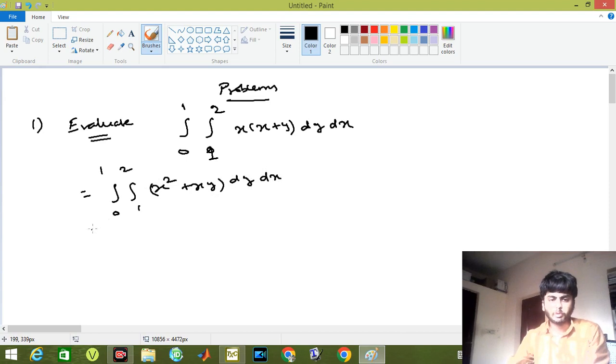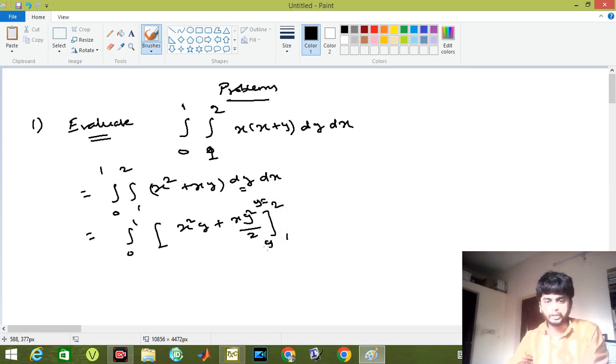So here I will get integral 0 to 1, x square y plus x y square by 2, with limits 2 and 1. For that we have to substitute 2 and 1 for y, so y equal to 2 and y equal to 1, and then dx.